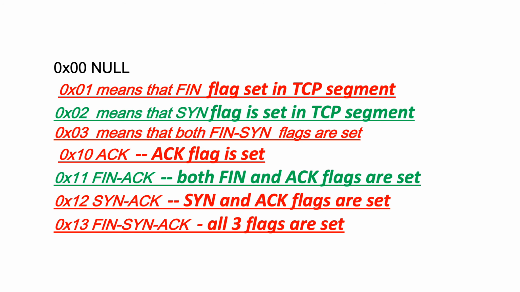If you were to capture TCP segments using Wireshark and you examine the TCP header and you see the value in the flag 0x01, that means this is a FIN flag set in the TCP segment.